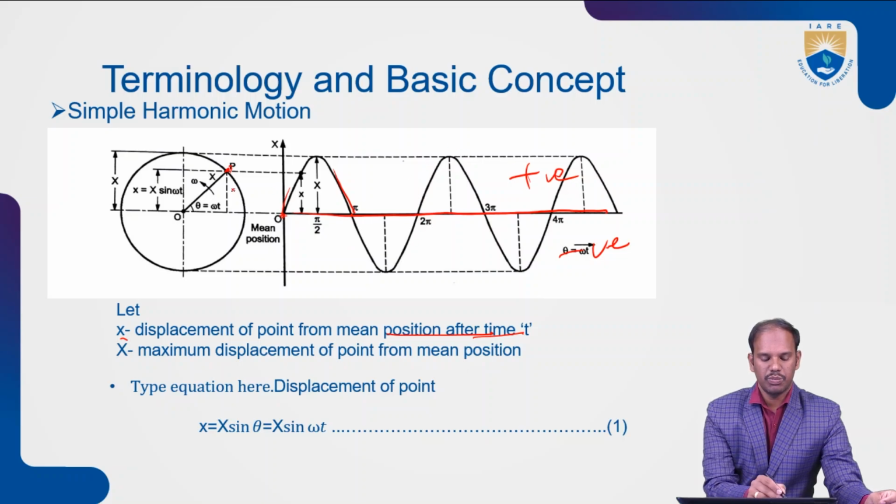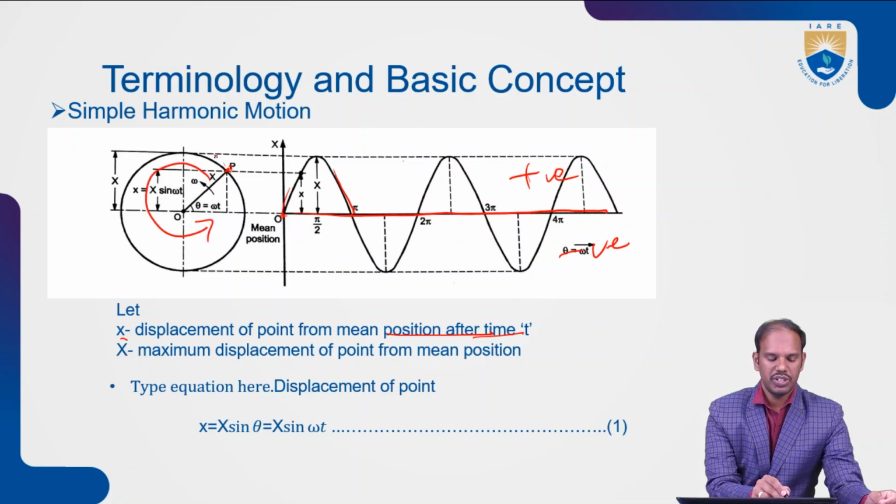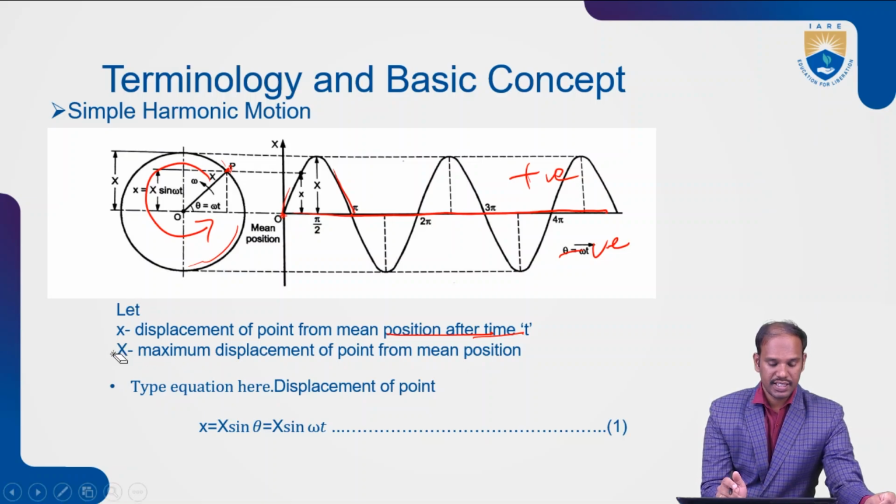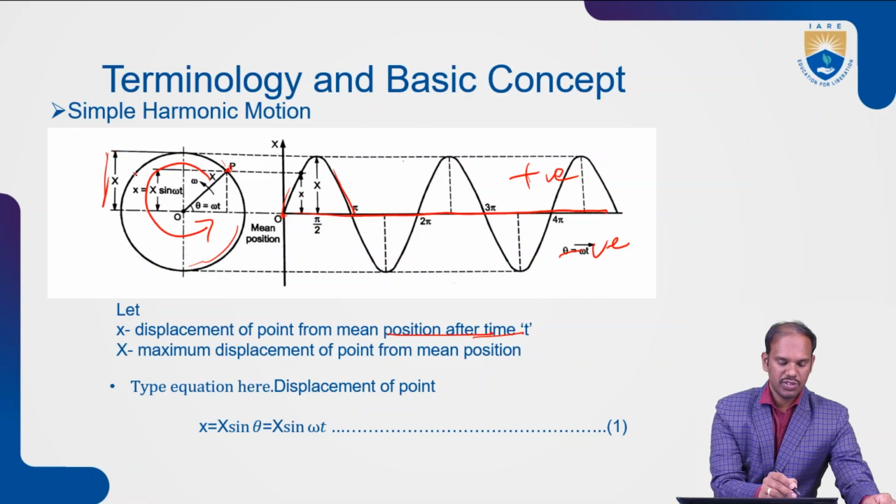Like that, similarly, if it moves from this particular position to here and here, it moves through 4 pi like this. You can also say one cycle, peak to end, is one particular rotation in this system. So for x and x dash, there is a distance from the mean position to the upper side, and that is called x.